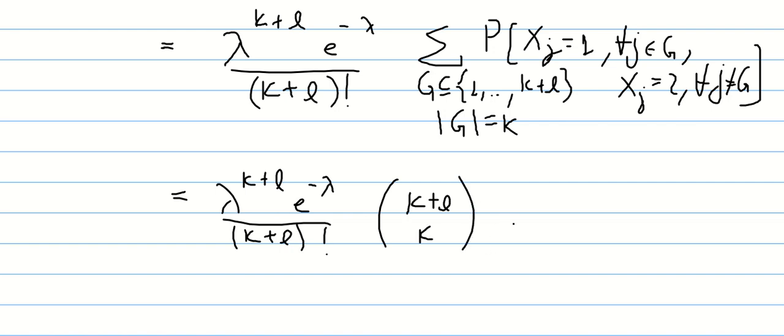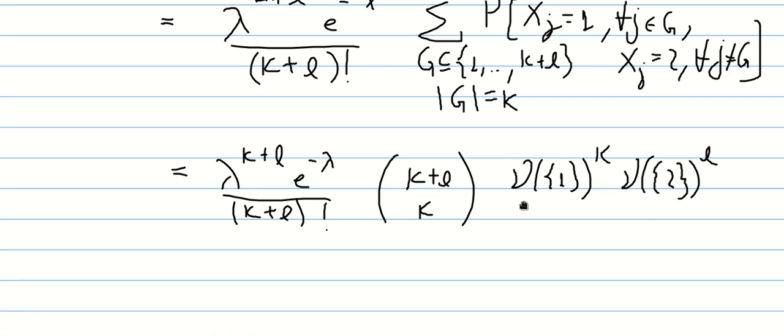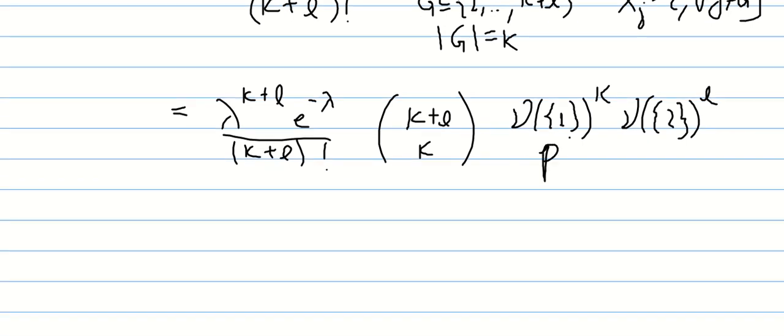And fixed such a choice, the probability that k of them turn out to be 1 is nu of 1 to the power k. And we still have nu of 2 to the power L. Now this I'm going to define as p. So this is going to be p to the k, and because nu is a probability measure, the other is 1 minus p.